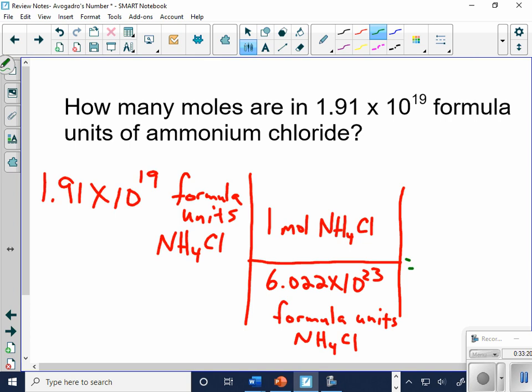I get my formula units at top, formula units at bottom to cancel. My label is going to be moles of ammonium chloride. Now I just have to do my math. When I ballpark it, I have 19 and I'm dividing by 23. Those are my exponents. So 19 minus 23 is going to give me somewhere around minus 4. So I should be in that area, and you're going to see it's going to be a minus 5.